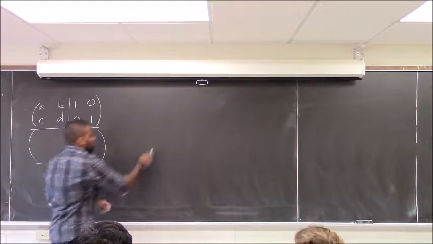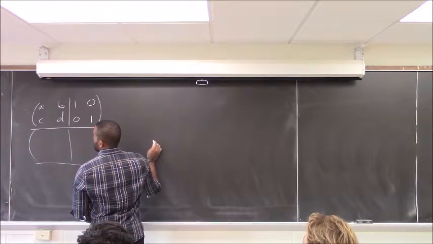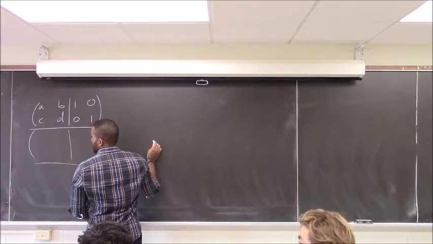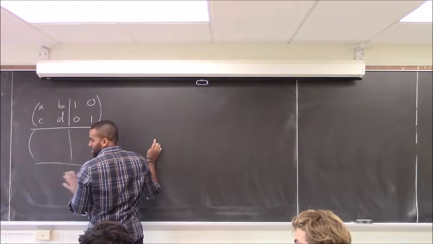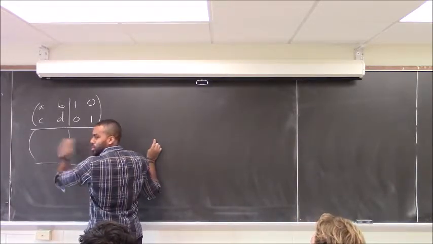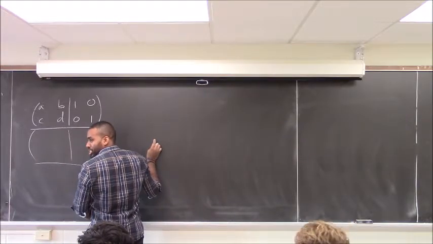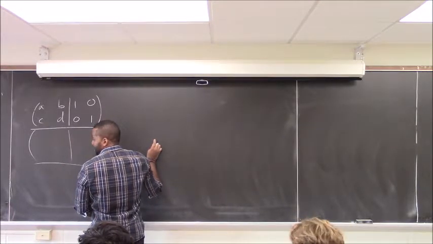Like A over C maybe? A over C, and then you can... let's avoid fractions. Not that it's wrong, but it's going to make your life a lot easier. Remember, you're going to be doing a lot of calculations here. You don't want to have to deal with fractions.